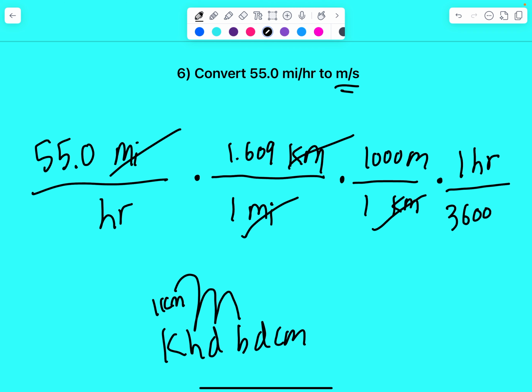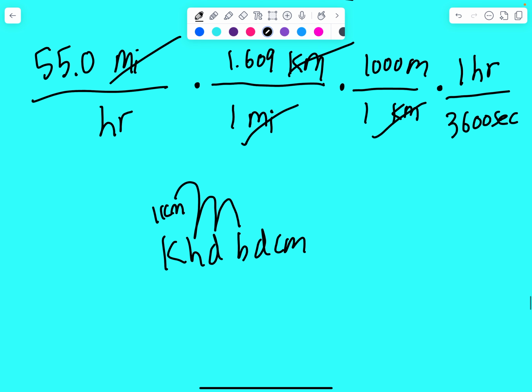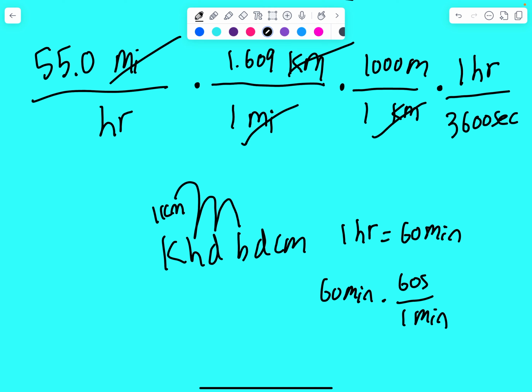3,600 seconds. Now, if you're just like, hey, I'll never be able to learn that, don't worry about it. Look at this. You have 1 hour, and for every hour, there are 60 minutes, right? And for every 1 minute, you get 60 seconds. So in 1 hour, there are 3,600 seconds, because 6 times 6 is 36.